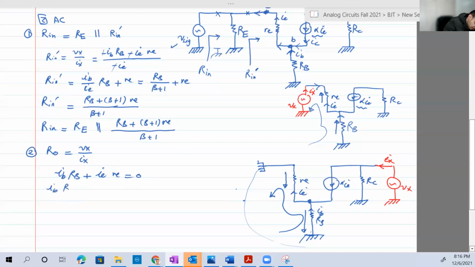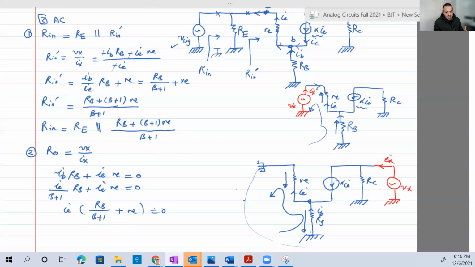So IB is IE over beta plus 1, times RB, plus IE RE equal to 0. You can take IE small as a common factor. So IE small times RB over beta plus 1 plus RE small equal to 0. So you have here two terms multiplied equal to 0. It's a multiplication of two terms equal to 0. So you have here three options.